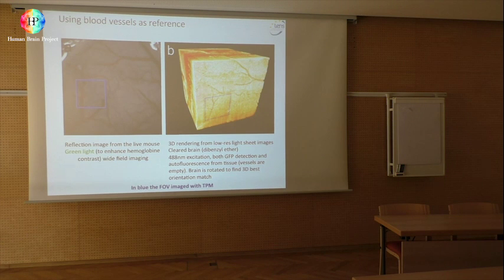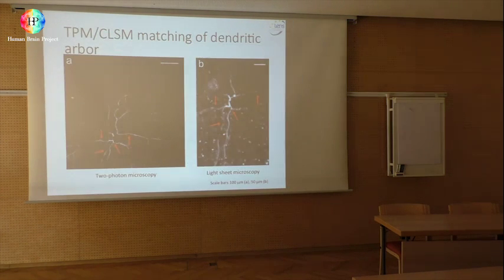Here, in light sheet microscopy, we have some residual fluorescence, which is an unavoidable effect, which is a bad effect. For us, it's very good because it gives the fingerprint of the blood vasculature, which is present in 2 photons, in wide field, and in light sheet. So we can overlap the images.